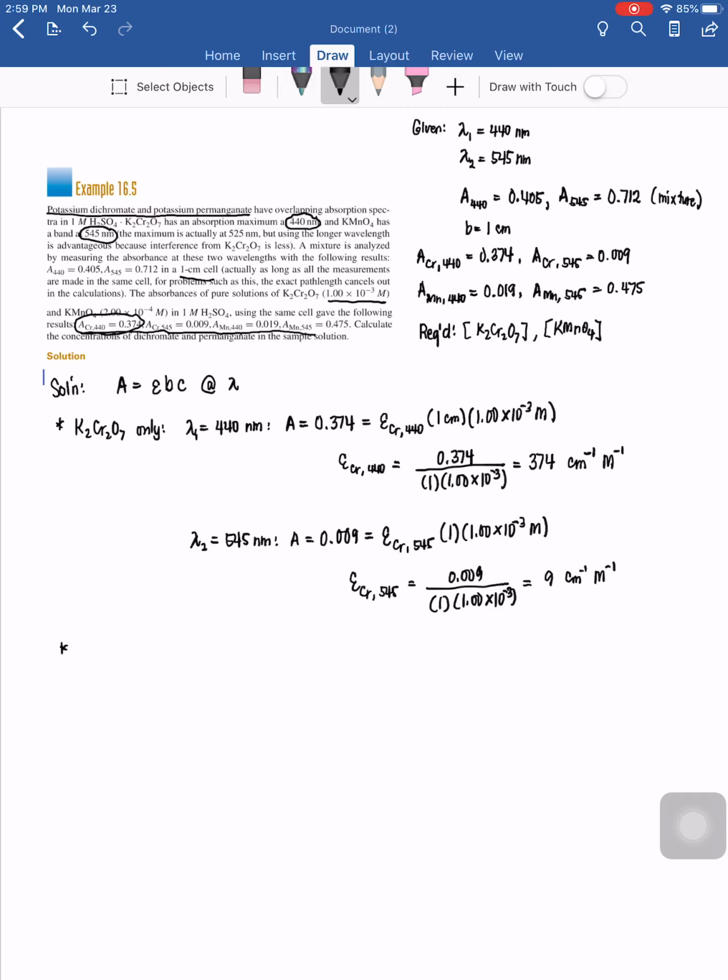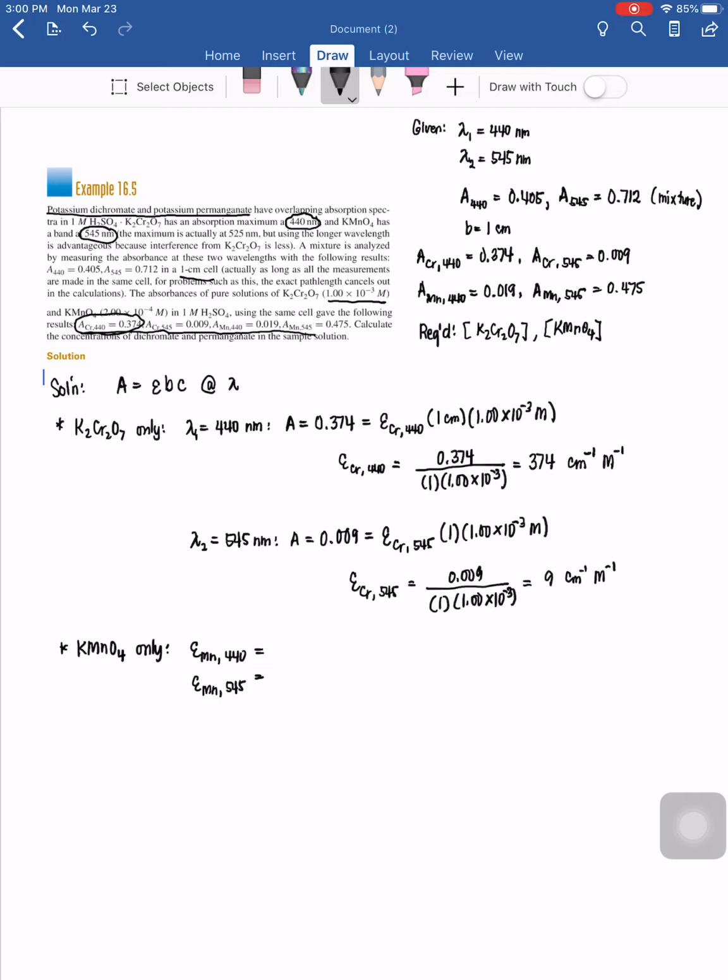Now you can also do the same for our pure potassium permanganate solution. For the pure potassium permanganate solution, we can compute again in the same manner the molar absorptivity of potassium permanganate at 440 nanometers and also at 545 nanometers, using the same steps that we have done above for potassium dichromate.